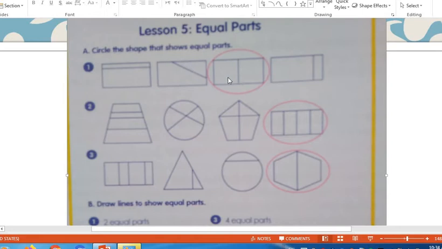As we have taken these 2 equal parts, but this is not and this is not. Also this into 1, 2, 3, 4 equal parts, but this is not divided into equal parts, neither this.